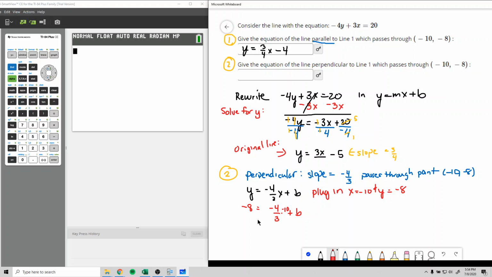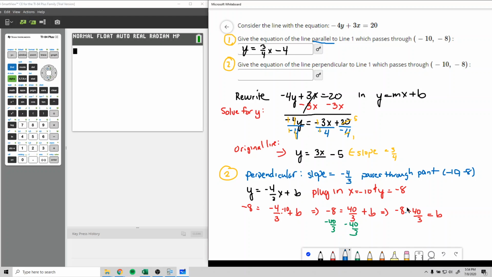Negative 8 equals, this one doesn't simplify like the last one, negative 4 times negative 10 is 40 over the denominator of 3, plus b. Subtract the 40 over 3 from each side to get b by itself. We have negative 8 minus 40 over 3 equals b. To simplify this, we get a common denominator.